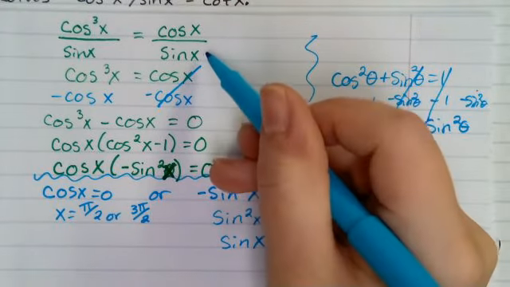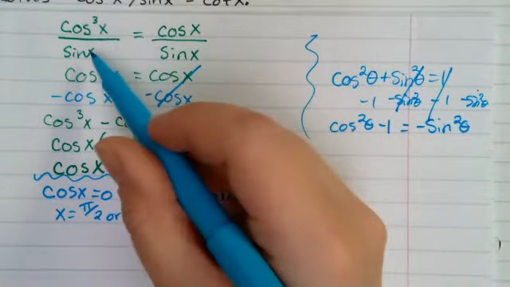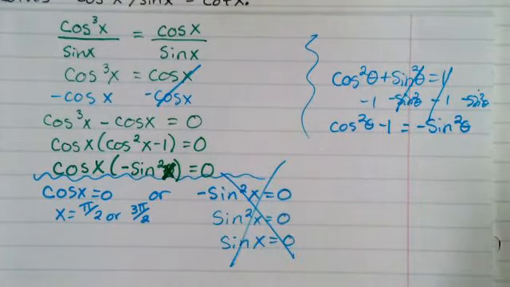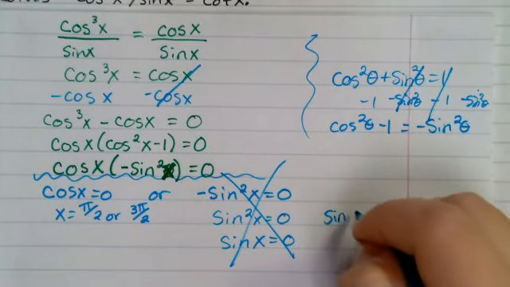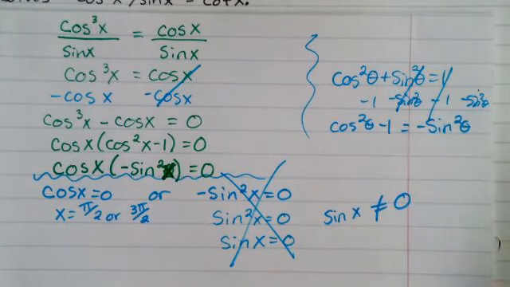Sine x is not allowed to be 0. Do you see how in the original problem, sine is in the denominator? Sine can't be 0. So this will not result in an actual solution because sine cannot equal 0 based on the original problem.